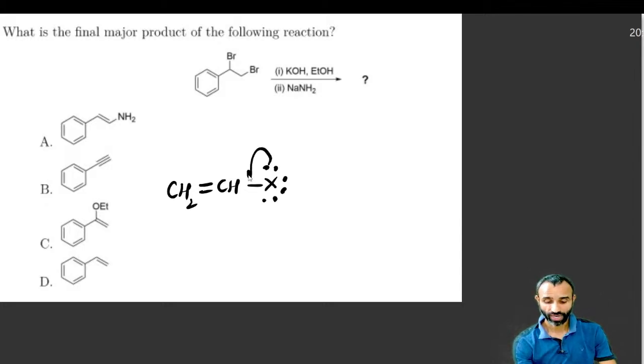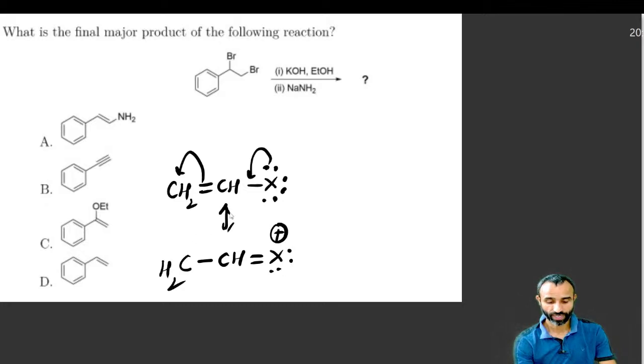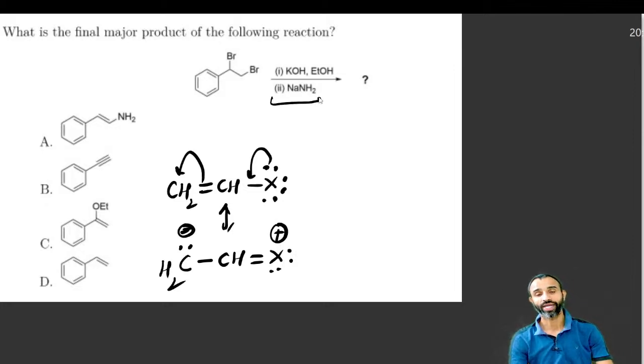And vinyl halide has double bond character. Because of that, it is very difficult to remove the halogen from vinyl. But if we use a strong base like NaNH2, we can remove it.